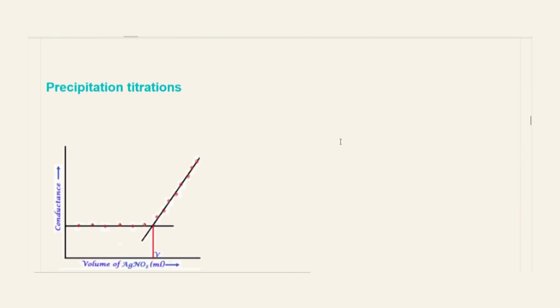Next is precipitation titrations. Here again it is very difficult to do it in a volumetric experiment, because due to precipitation the color of the indicator will not be sharp.